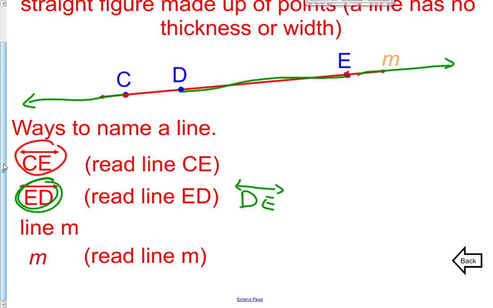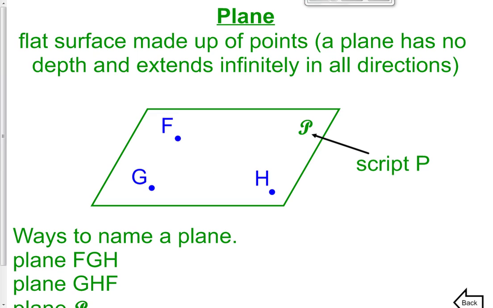Or we see this lowercase m. That's also a way that we could label a line. So right here, if we label it using one letter, it has to be lowercase. If we use a capital letter, then we would be talking about a point again. So that lowercase letter, that's what tells us that it is a line instead of a point.